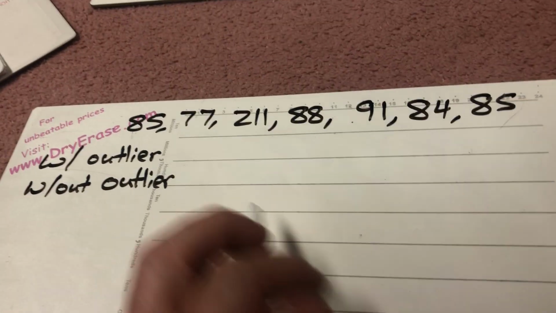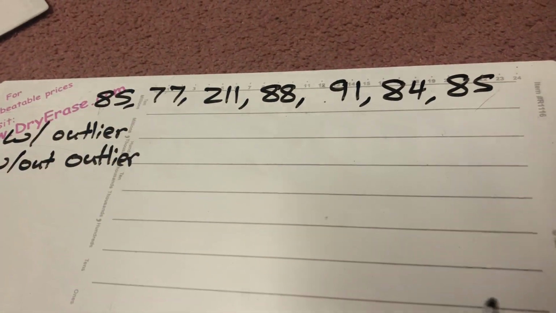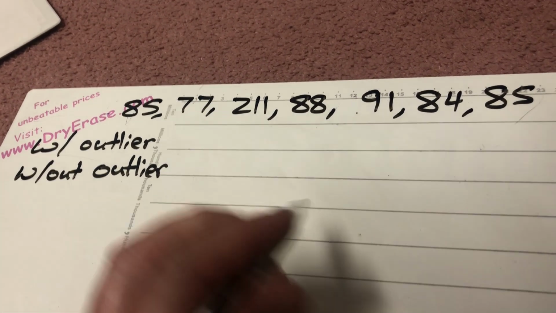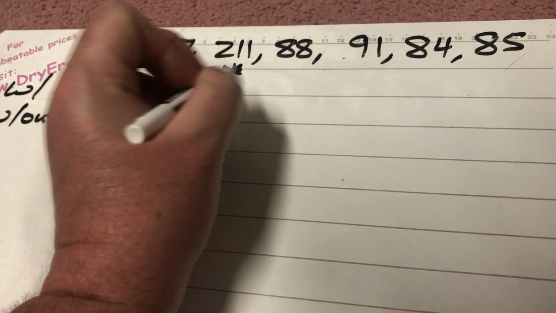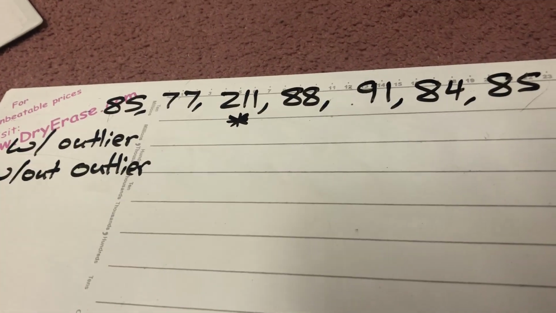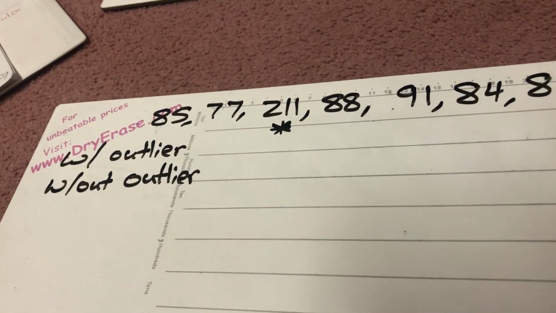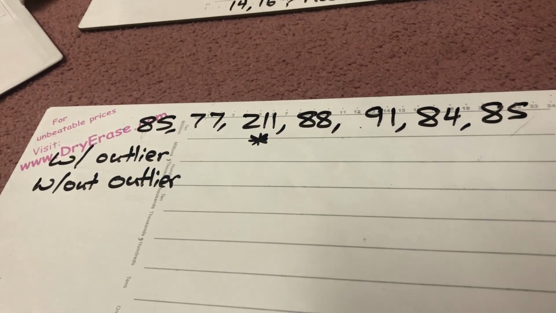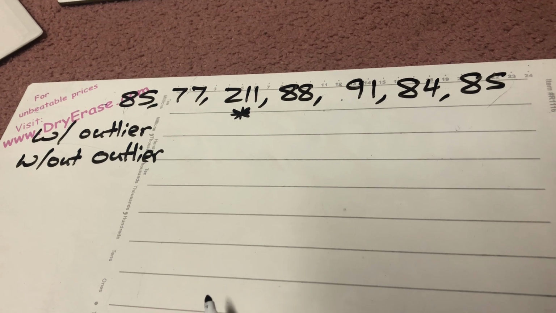So when I look here, 85, 77, 211, 88, 91, 84, and 85, it appears to me that 211 is the outlier. So first of all, my job is to find the mean, the median, and the mode with the outlier and without the outlier.